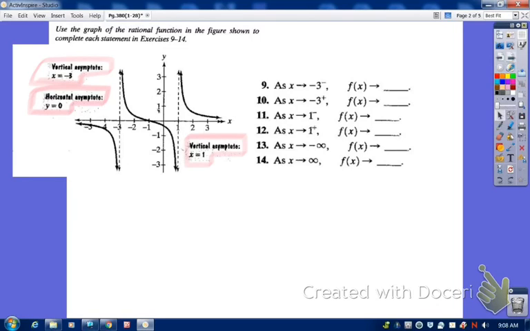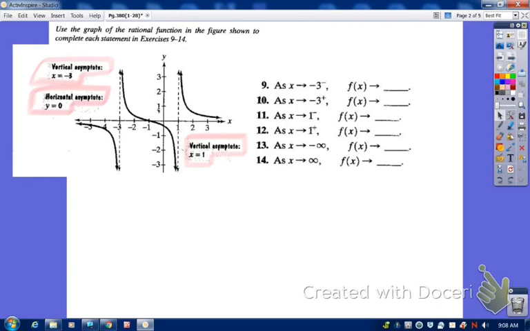So for number 10, the problem says, and this is brand new little notation here, it looks like calculus, but it's not. Number 10 says, as x approaches, that's what the arrow means, as x approaches -3 from the right. So the little bitty plus sign in the exponent spot means from the right.